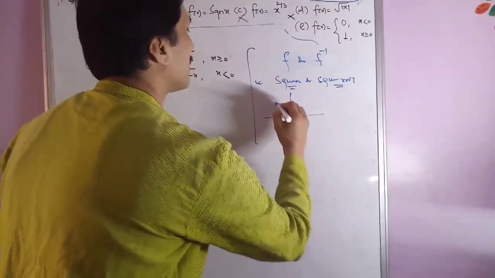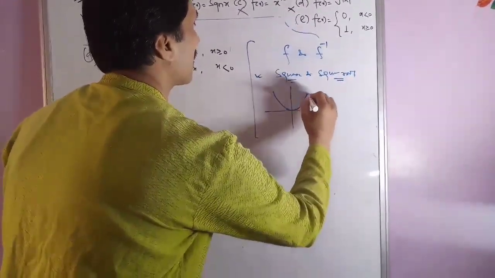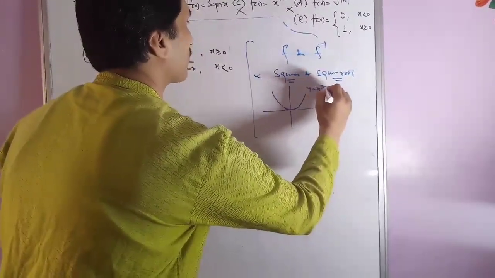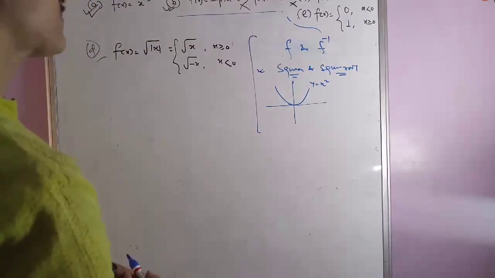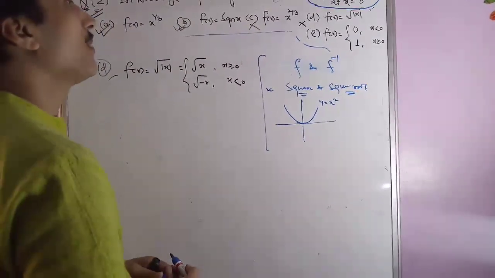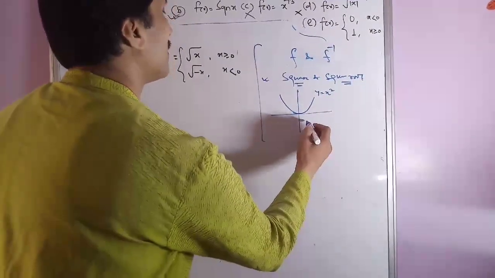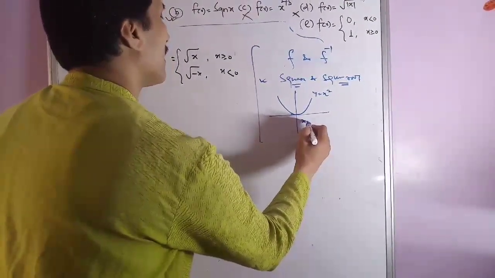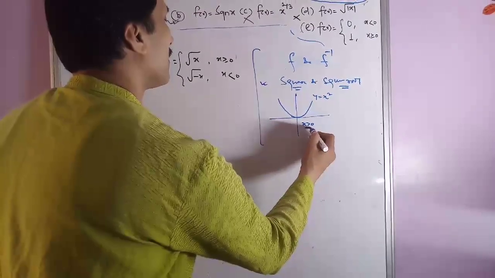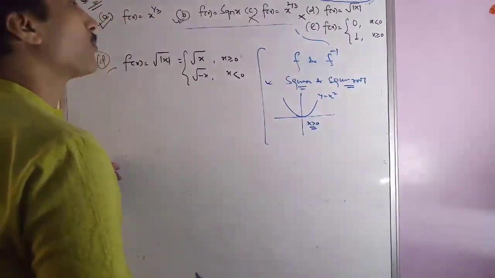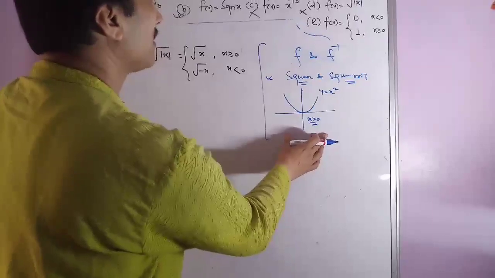Here, this is the graph of y equal to x square. We see here only the portion of the curve for x greater than 0.